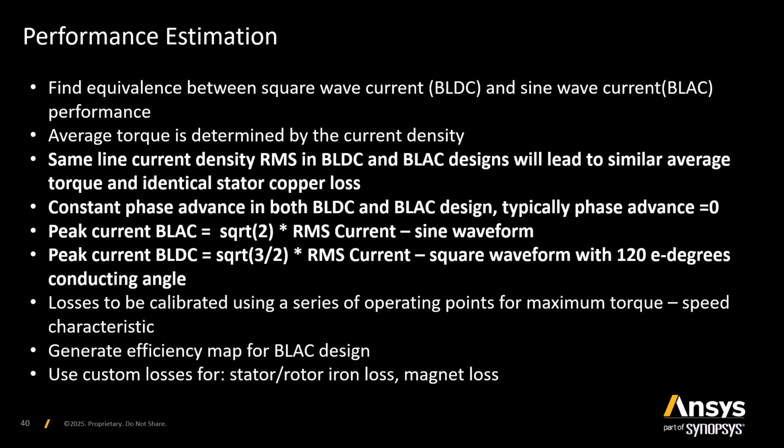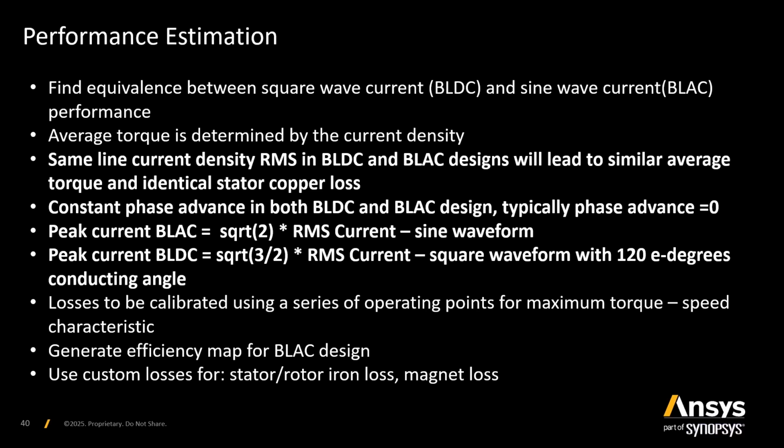So as long as we use the same current density in a similar model, the same machine, applied once with square wave and once with sine wave currents, the average torque is expected to be similar. What will be different are the losses. Obviously, the square wave current will have a significant time harmonics content that will generate losses.